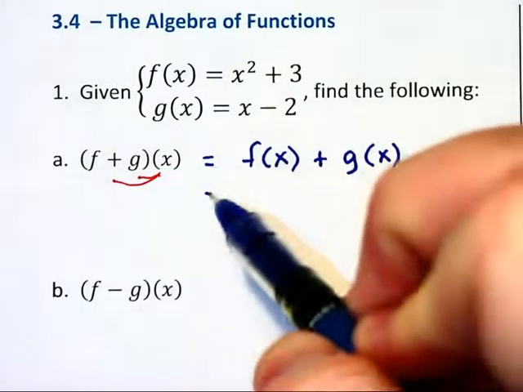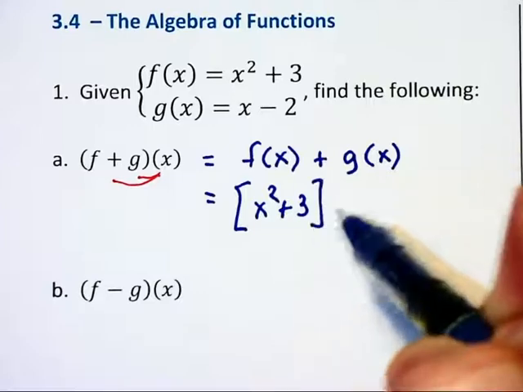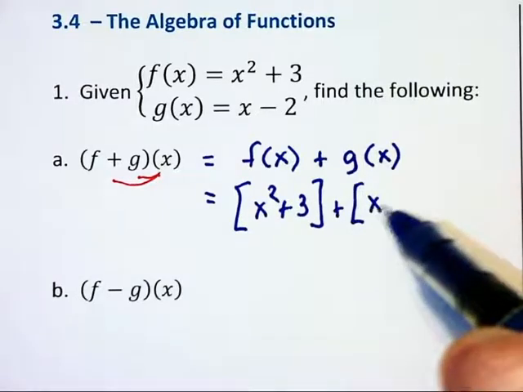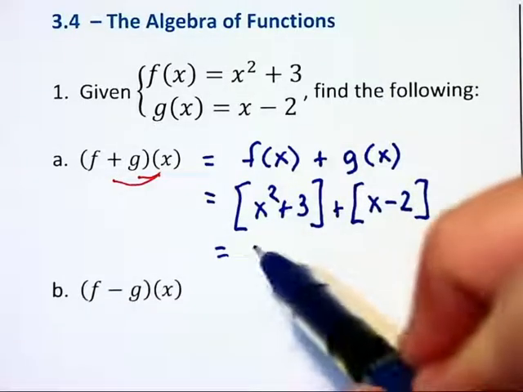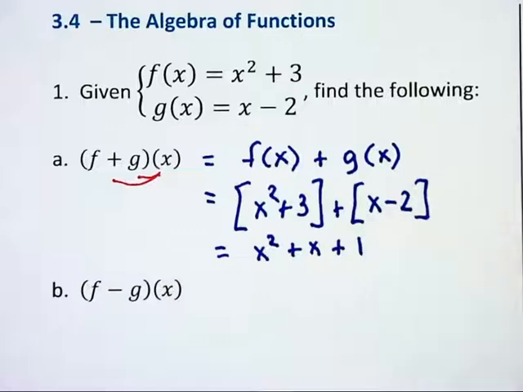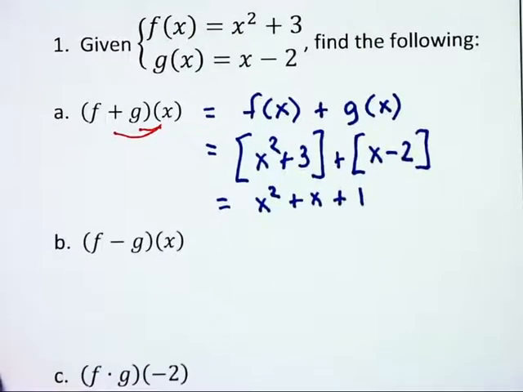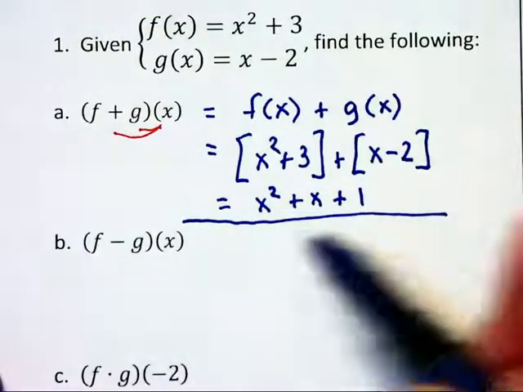Basically what we have here is x squared plus 3, which is function f, getting added to x minus 2. And so when we combine these together, we get x squared plus x plus 1 as f plus g of x. When we're dealing with subtraction, you've got to be careful to distribute the negative.